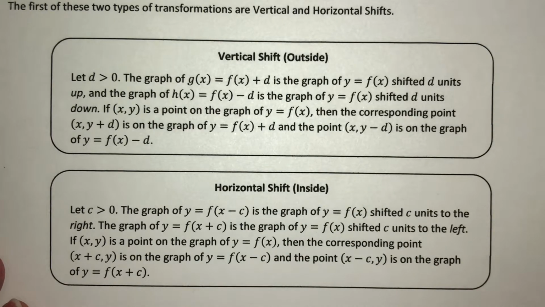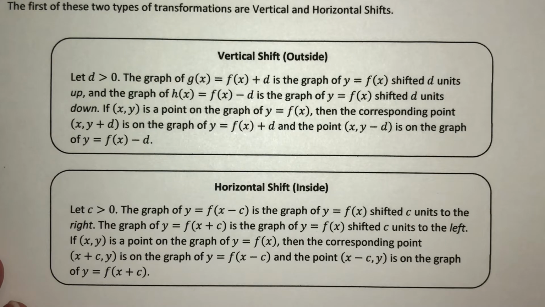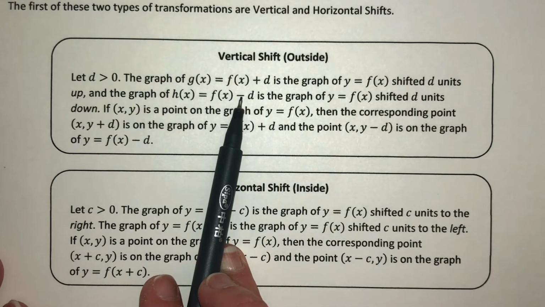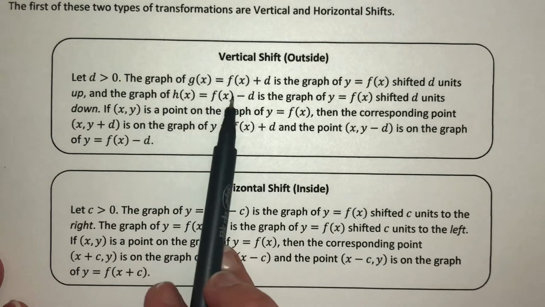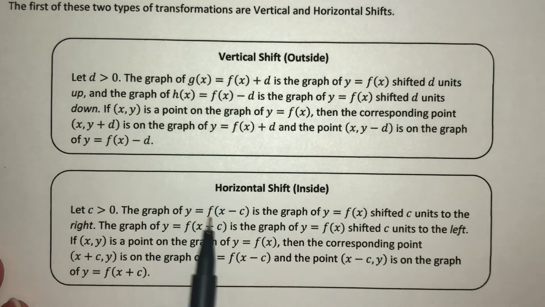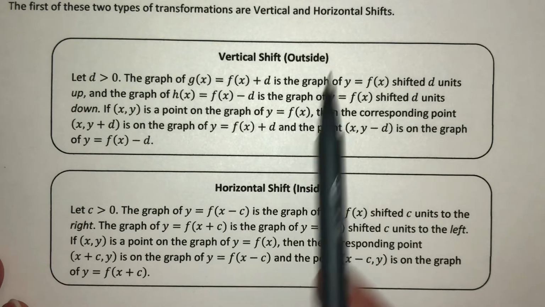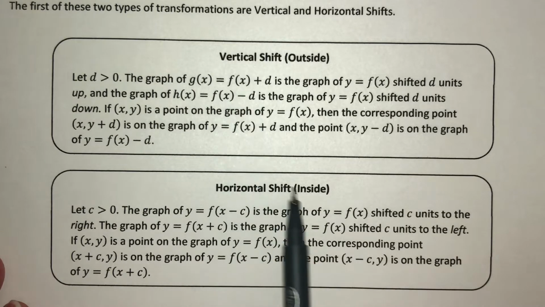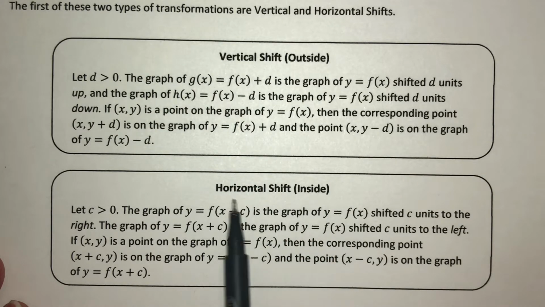The big difference between them is whether what you are adding or subtracting is outside of the function or if it is inside of the function. If it's outside the function, it's going to be a vertical shift. If it is inside the function, it's going to be a horizontal shift.